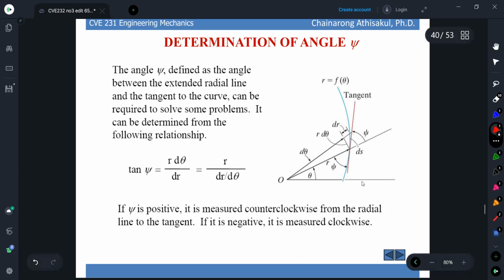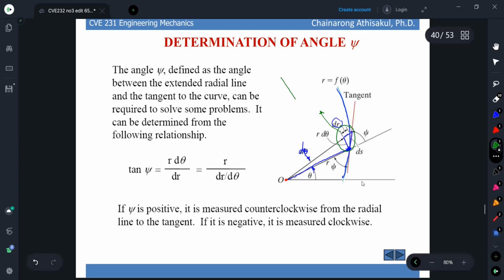If we have the fixed reference point over here and the path is defined by the blue line, at this position the particle is moving through a small angle d theta. Then we have the small distance r d theta over here, with the increment of r over here.